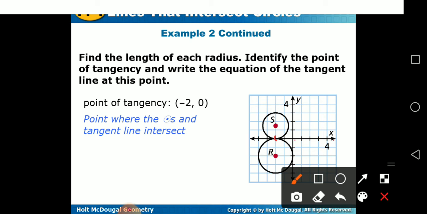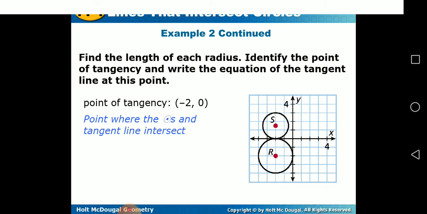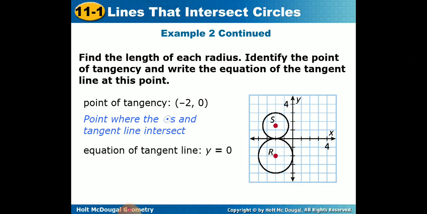I have -1, then -2. So this is -2. Do I move up or down? No. So -2 and 0. So the point where circle S and the tangent line intersect is (-2, 0). This is the point of tangency.